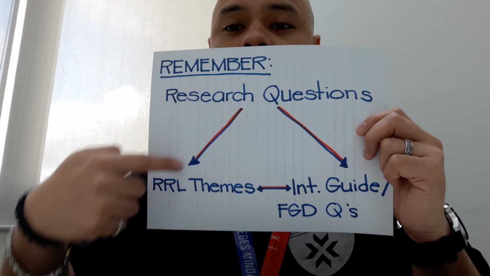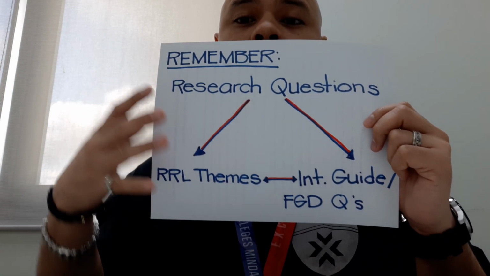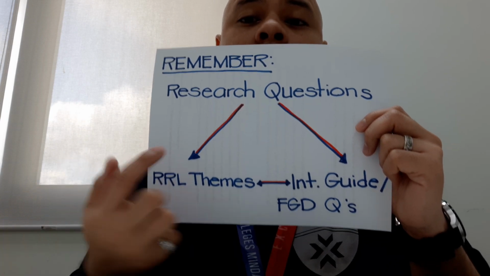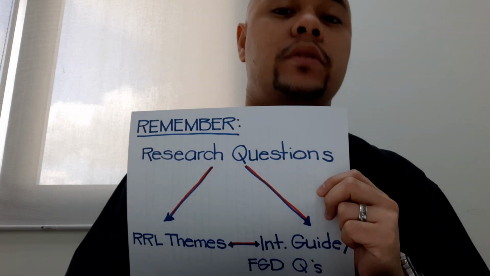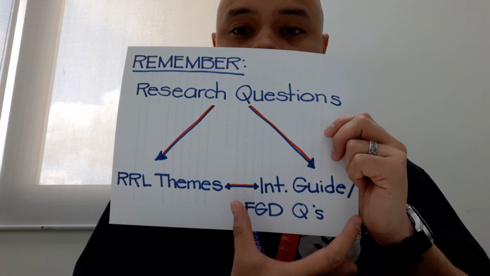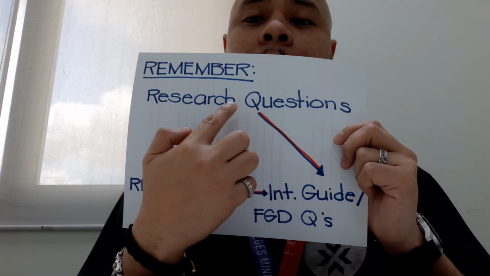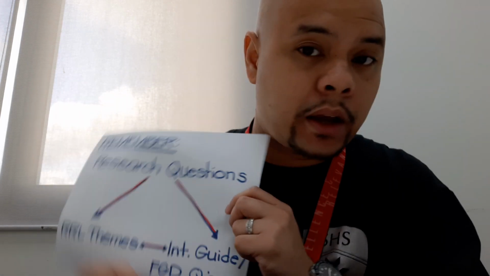So, as you can see, this is the relationship that they share. Everything is anchored on these research questions, and as such, I think that it is just right that these interview guide and FGD questions have to come from the research questions, and I will be explaining that later in this video.